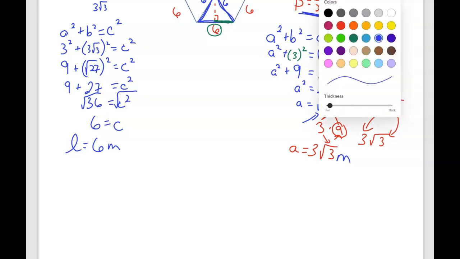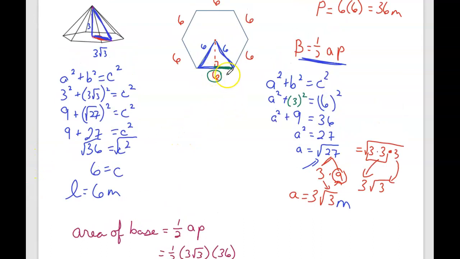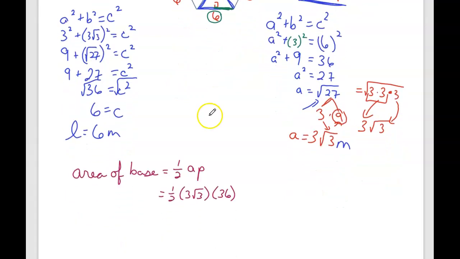The reason we needed to find all of this is that the area of the base is going to be equal to 1/2 the apothem times the perimeter. So that's 1/2 times 3 square root of 3 times the perimeter, which we determined was 36, because we take 6, the length of our side, times how many sides we have, which is 6.